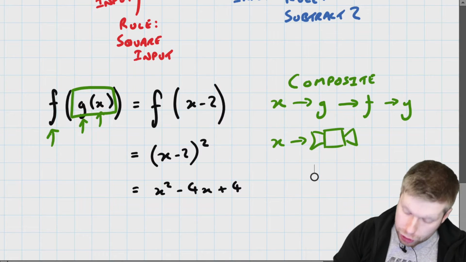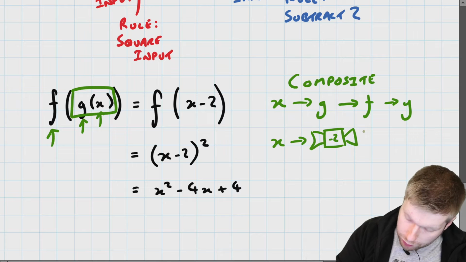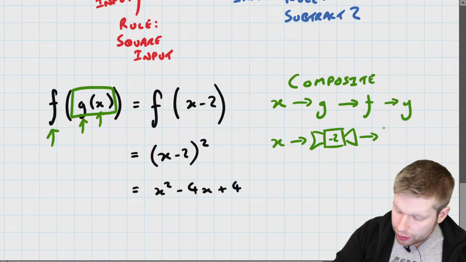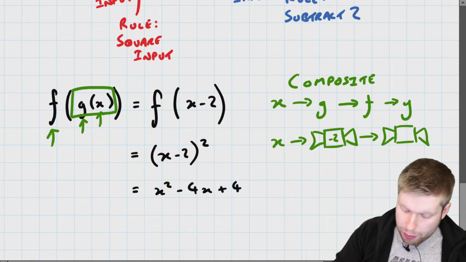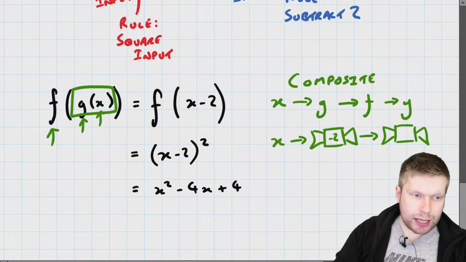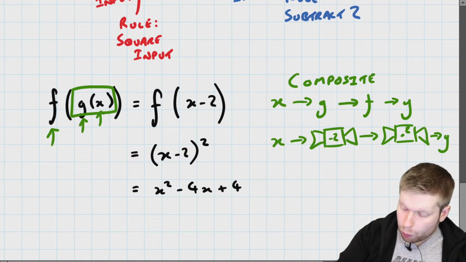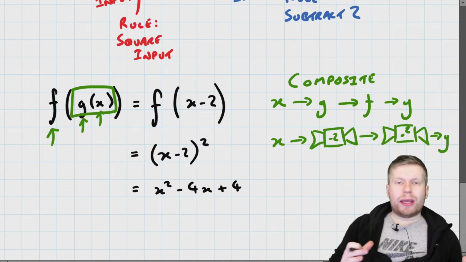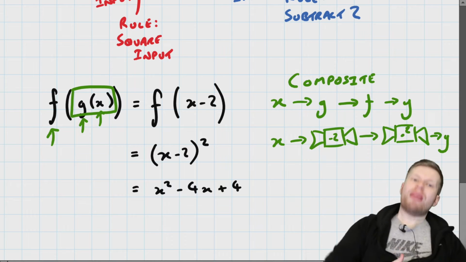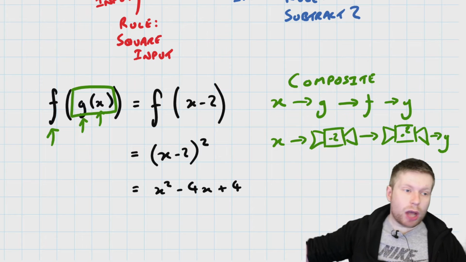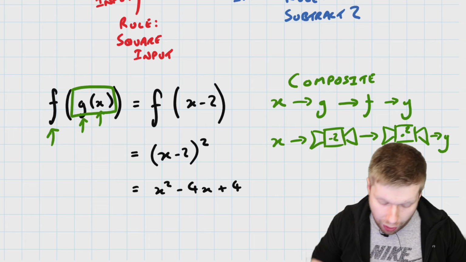So I first of all put it through g. Okay, so I subtract 2. Then I put it through f. So I put it through my next function then. And my function for f, just remember, is squaring it. So I take whatever that is and I square it, okay? And then I get my output y. So if you like, what I'm literally doing here is putting it through one function, then another function. And I can keep going like this as many times as I like.